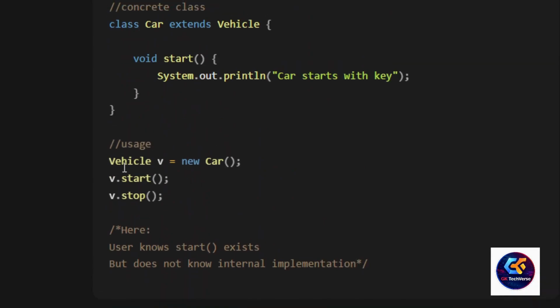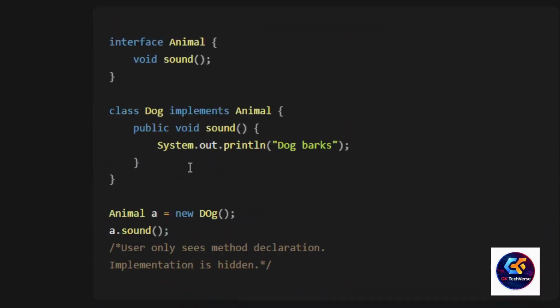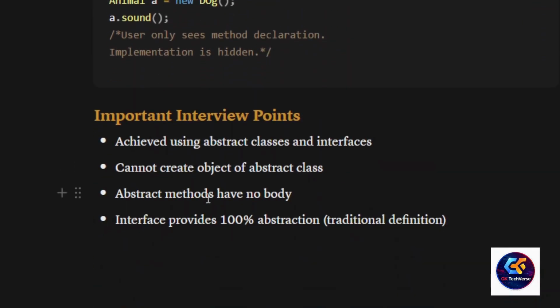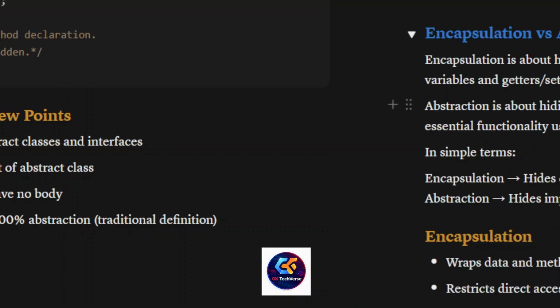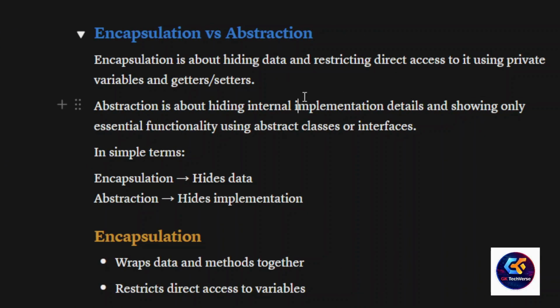We see here we are creating a child class object using the abstract class, but we cannot create a Vehicle object here. Abstract methods have no body. Interface provides 100% abstraction.